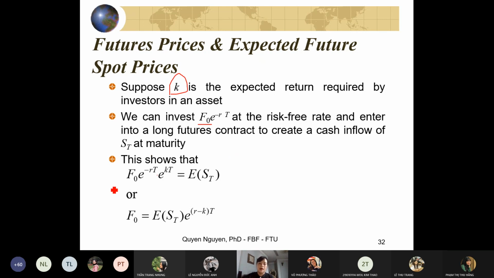Then basically the relationship holds between F0 multiplied by e to the power of minus RT multiplied by e to the power of KT, which would be equal to the expected value of ST. Or if we rearrange the formula a little bit, then F0 would be equal to the expected value of ST discounted back to the present value, and we take the difference between the risk-free rate and the expected return required by the investor on the asset.